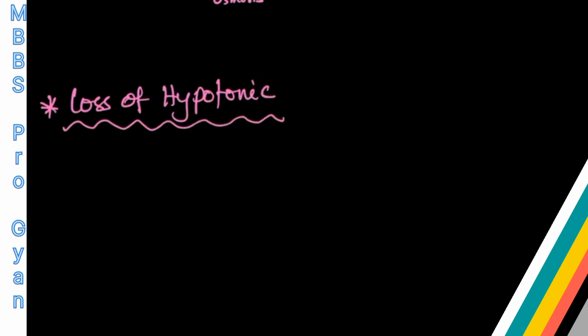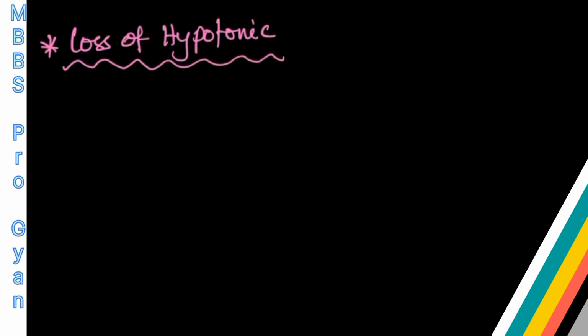Now if we look at loss of hypotonic fluid, okay? There is loss of hypotonic fluid from the body. What will happen? So the clinical condition is diabetes insipidus. You know that because the ADH is deficient or ADH is not able to work, what will happen?